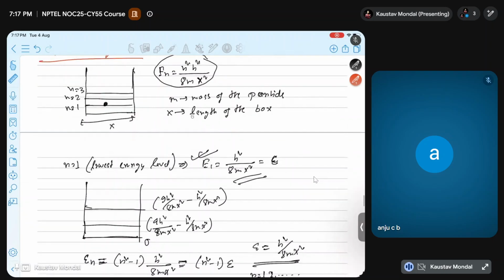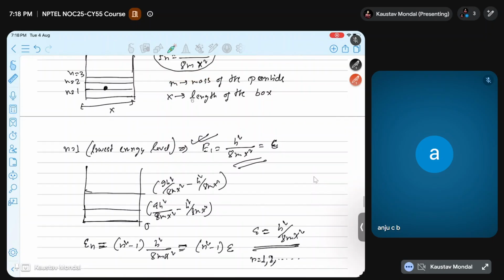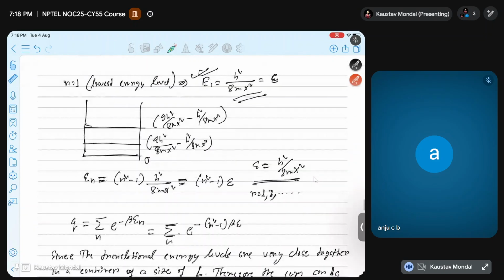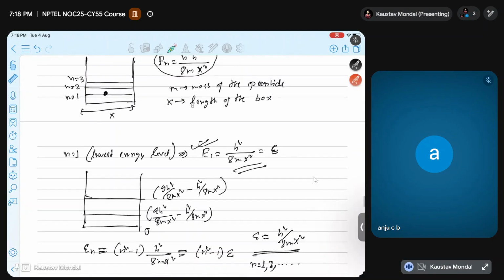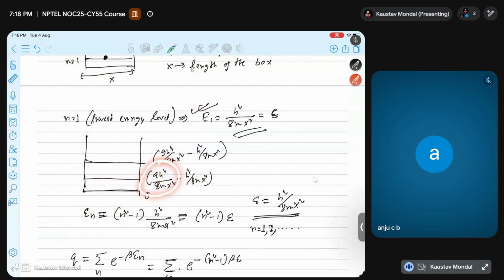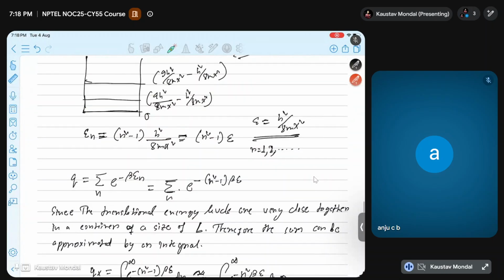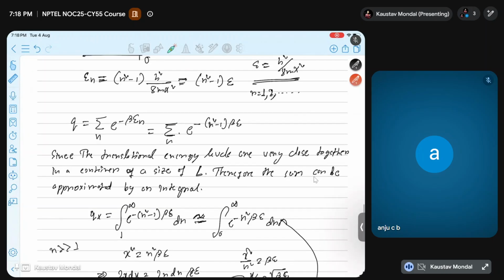So we start from the results that we got from the Schrodinger equation, where the energy levels are discrete. This is the expression for the discretized energies, and we then renormalize the energy such that the ground state energy becomes 0. For that we subtract each of the energy levels by the ground state energy. After doing that, we basically get this form of the renormalized energy levels, and from there we calculate the partition function as a summation.